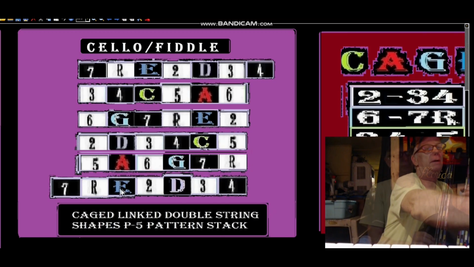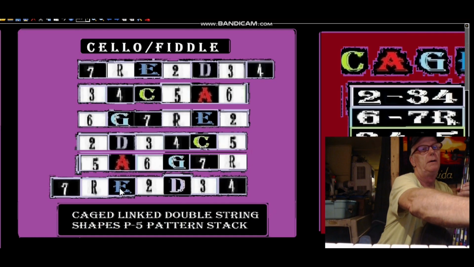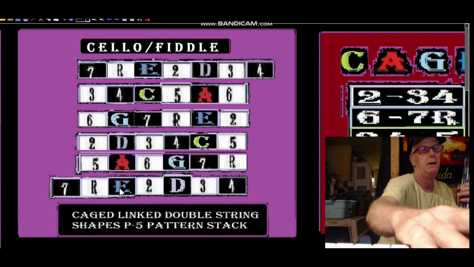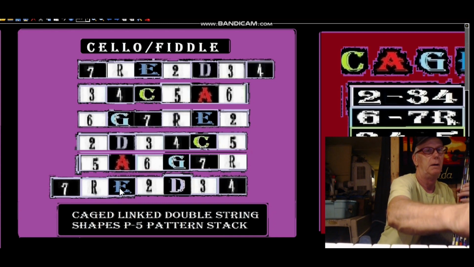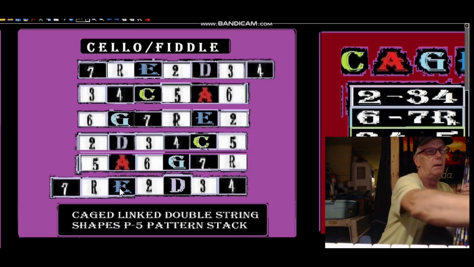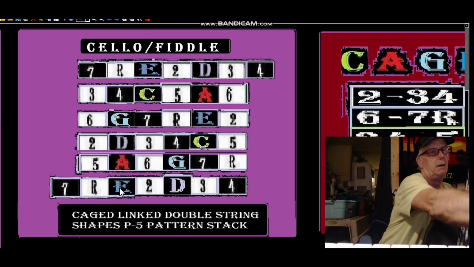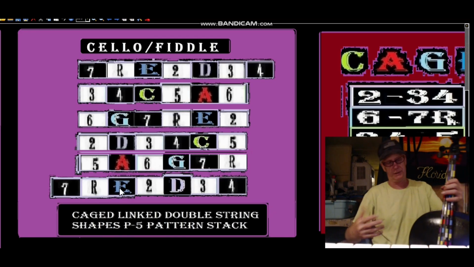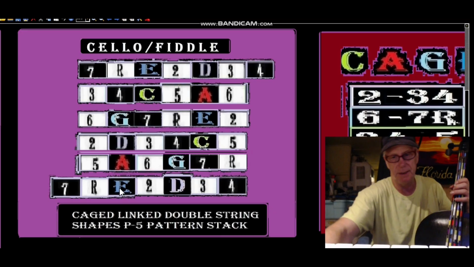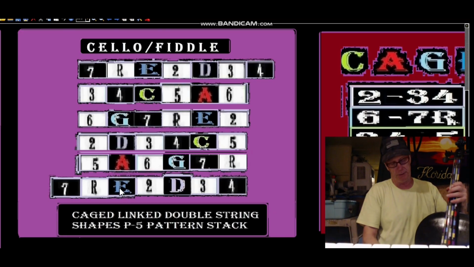Key of F sharp. So we did a little ditty, and then we play a little bit in F sharp.